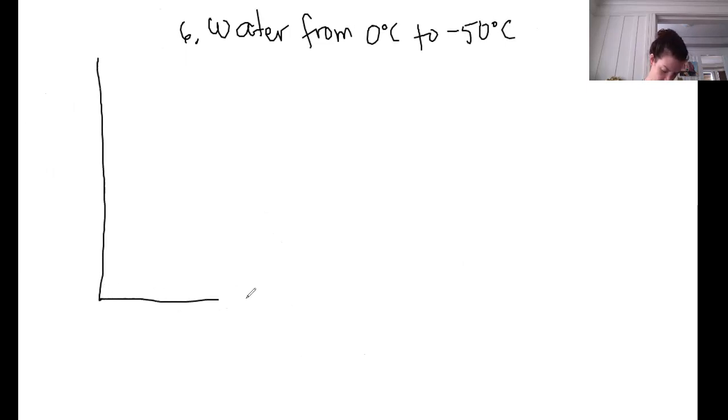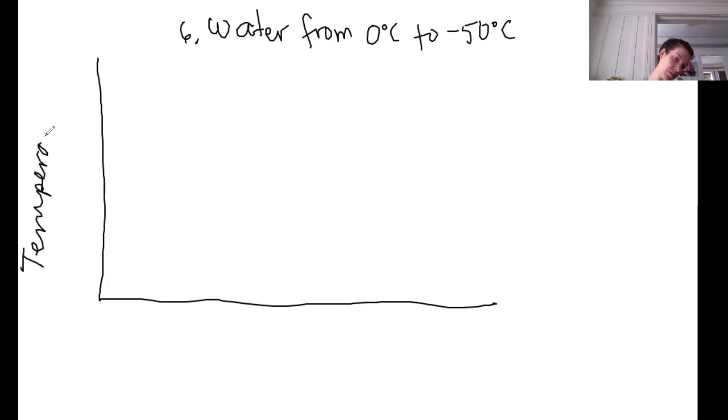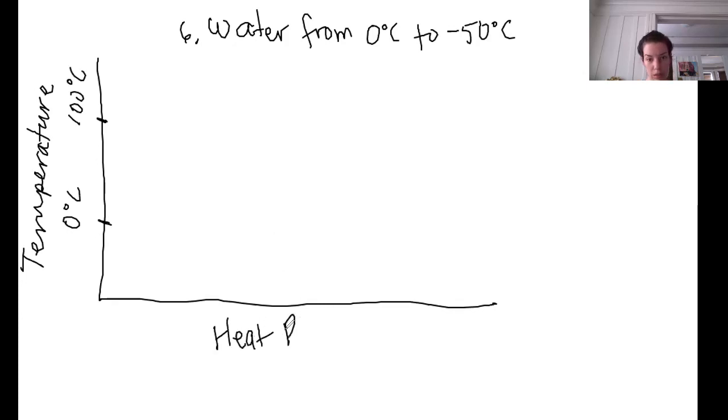I guess I should leave my axis, but whatever, it's the last example. On the y-axis, I'm going to put temperature. I'm going to label 0 degrees Celsius, 100 degrees Celsius. My x-axis is heat release.